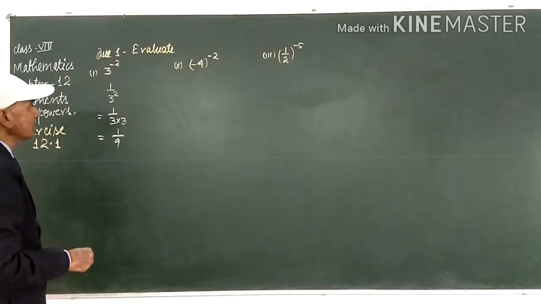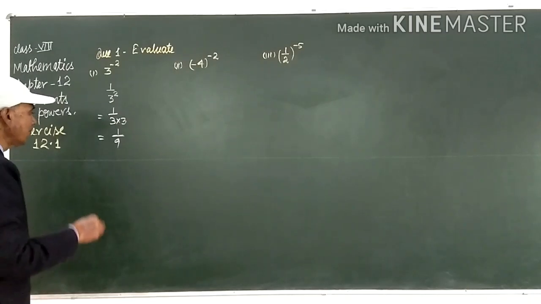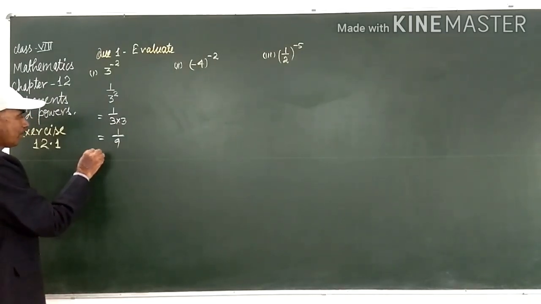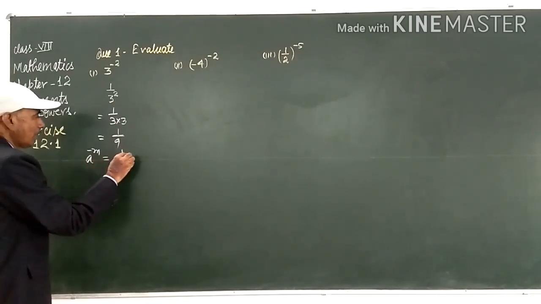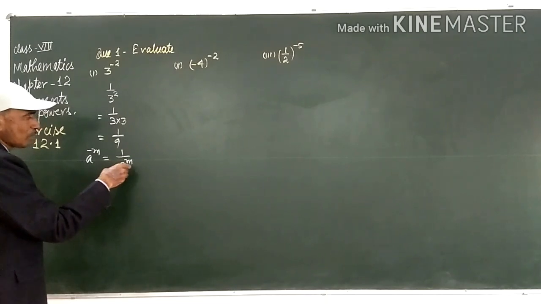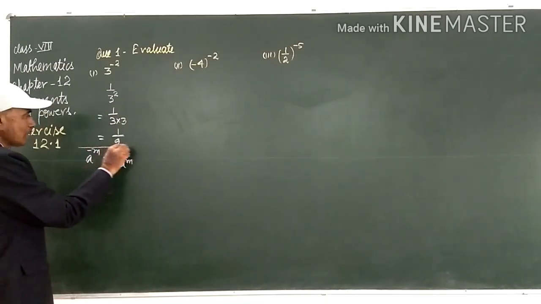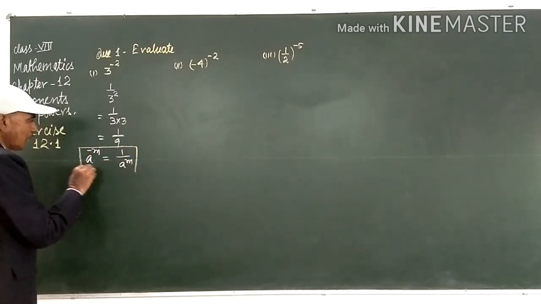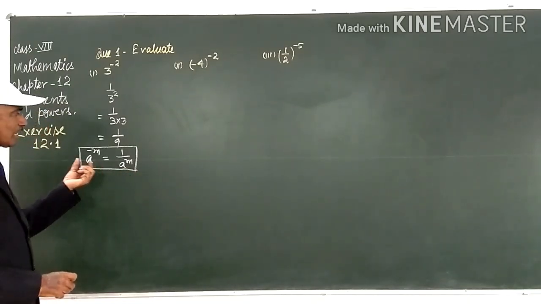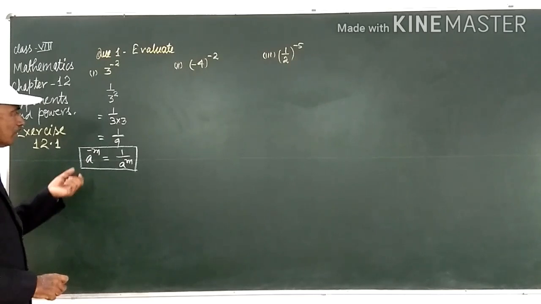Students, in this question you have used the formula, that is a to the power minus m is equal to 1 upon a to the power m. This exponent will be positive. This is the formula, students, or law. You have already studied this law in your previous video.